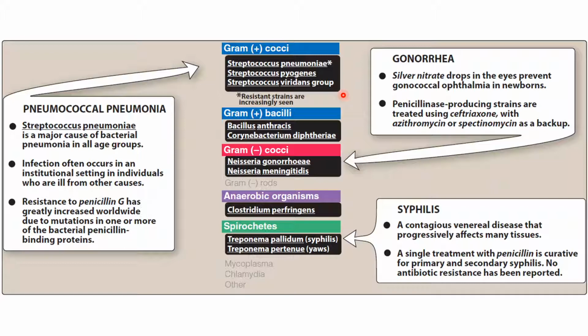The resistance to penicillin is very high nowadays, so that is why penicillins usually are not used for pneumonia. If pneumonia is diagnosed, especially in hospital settings, it will never be used for the treatment of streptococcal pneumonia.